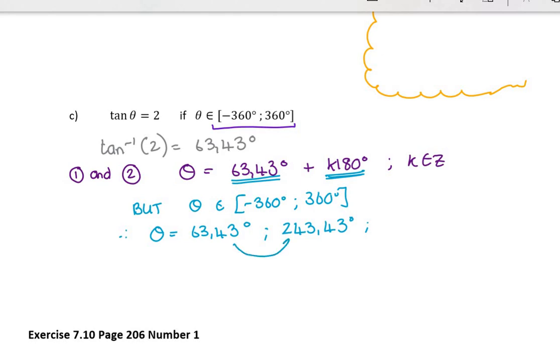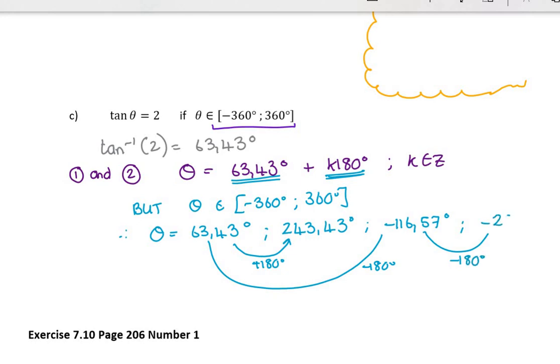Now, let me just write myself a note there. I added 180. But I'm allowed to minus 180 as many times as I want. So if I minus 180 from my original solution, I get negative 116.57 degrees. So that's definitely acceptable. And if I minus another 180, I'm allowed to just keep going as many times as I want until I get out of the range. Now I get negative 296.57, and that is in my given domain because I was allowed from minus 360.